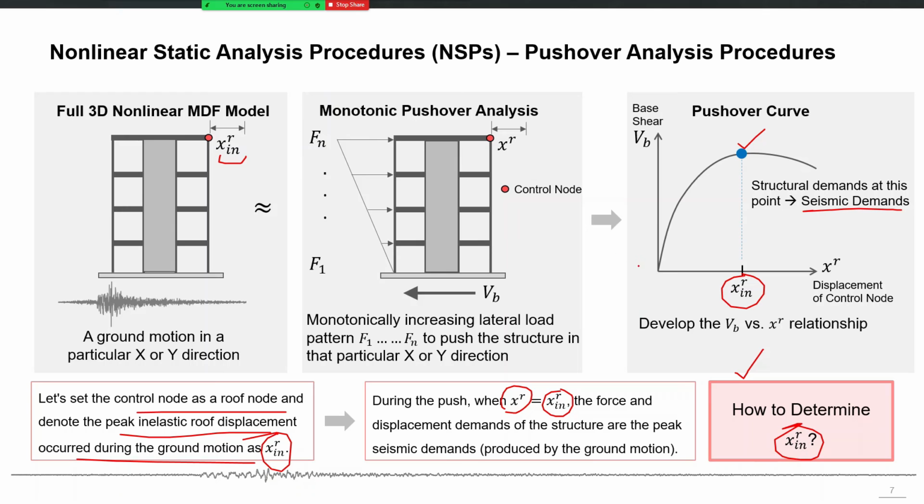So when you perform this pushover analysis and construct this pushover curve, at each increment, the software actually makes a database of all the seismic responses. So once you run this analysis and construct this full curve, you can go back to any of the pushover steps, any of the points on this curve, and extract the complete set of responses.